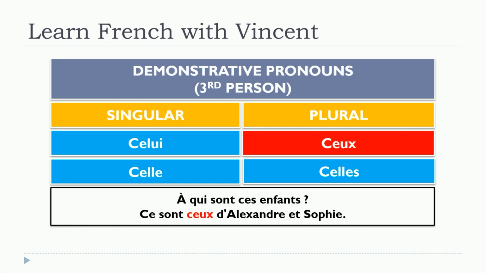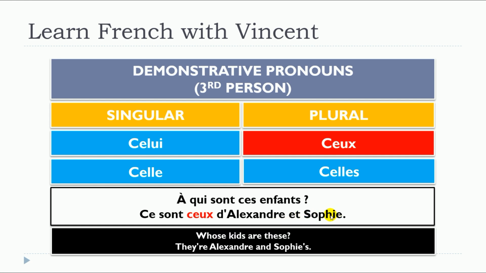Let's have a look at the plural form now. So masculine plural. À qui sont ces enfants? Ce sont ceux d'Alexandre et Sophie. In that situation, enfant is a masculine word, and as you can see here, it's the plural form, ces enfants. So we will have to go for the masculine plural pronoun, ceux here.